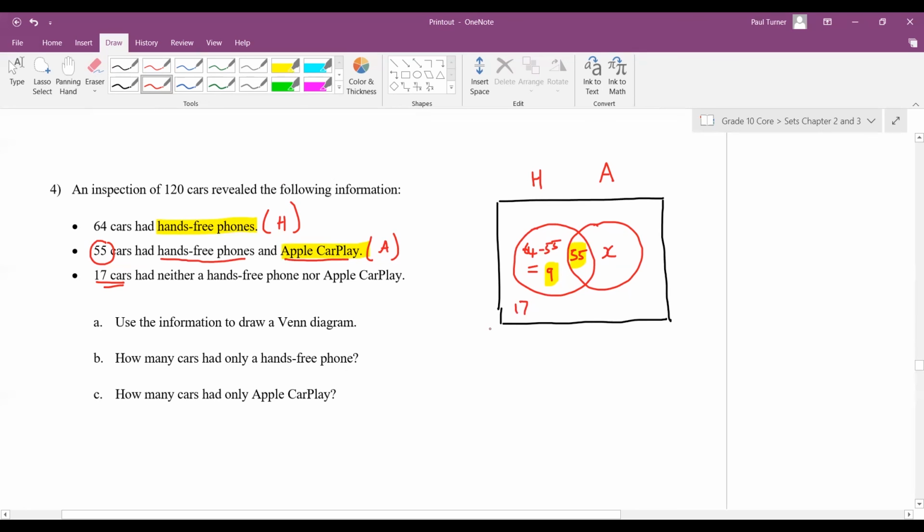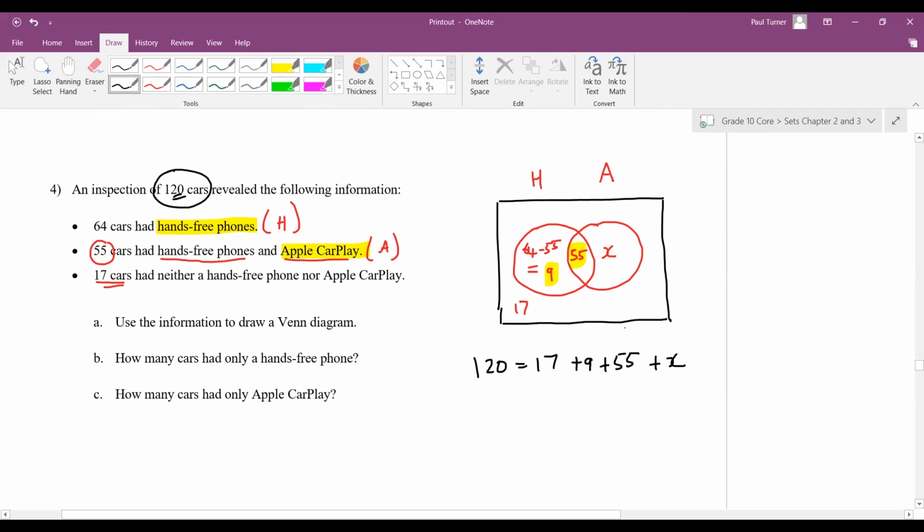Okay. So you'll probably end up finishing this one yourself. So let's just write the equation out. You've got 120 in total. So let's write it out. 120, we'll be adding all these up here. So 17 plus 9 plus 55 plus X. I've included the 17 in the question, and I'm using the original 120 here, so that's okay.